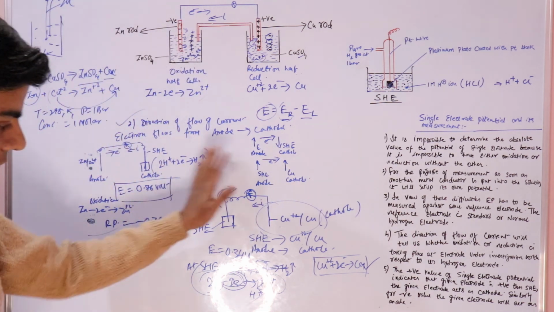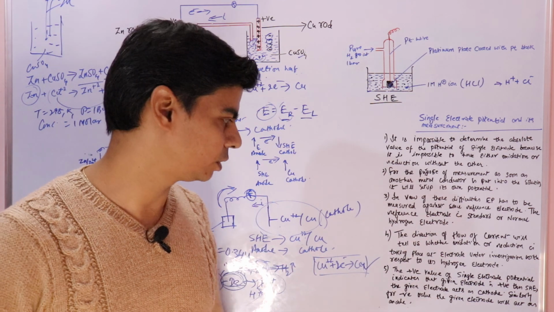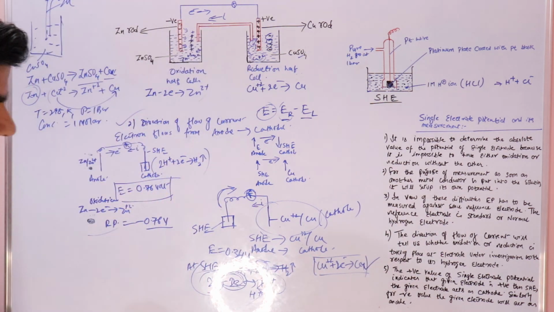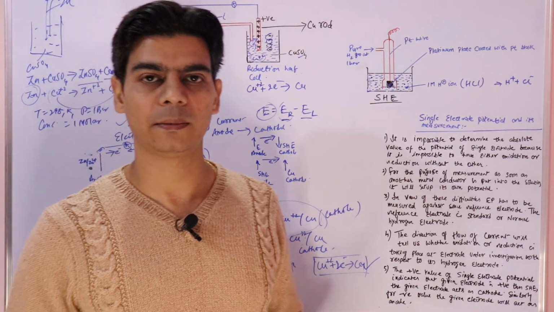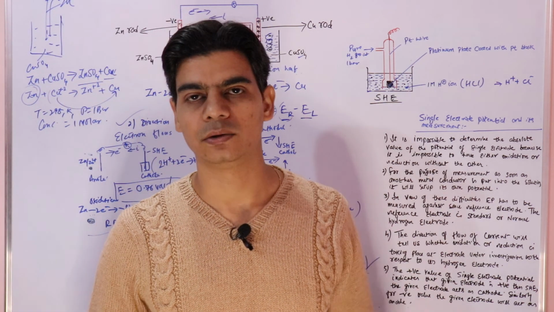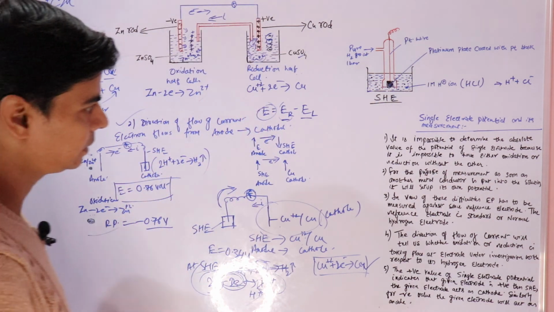So these are standard electrode potentials calculated with respect to standard hydrogen electrode, right? And based on this we make a series called the electrochemical series, where electrode potentials are measured with respect to standard hydrogen electrode, right? So I hope all this is clear to you, right?